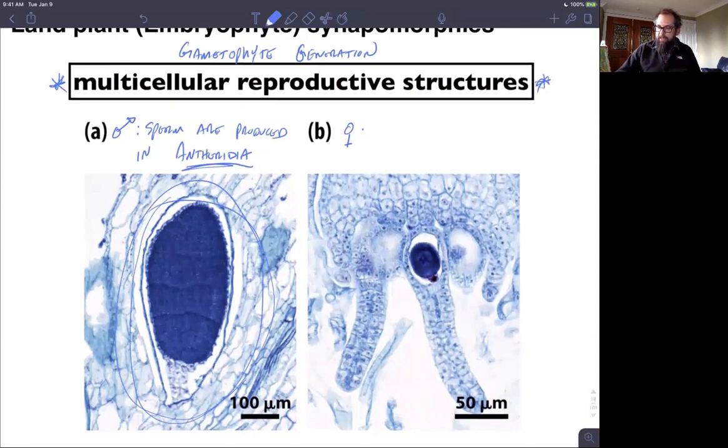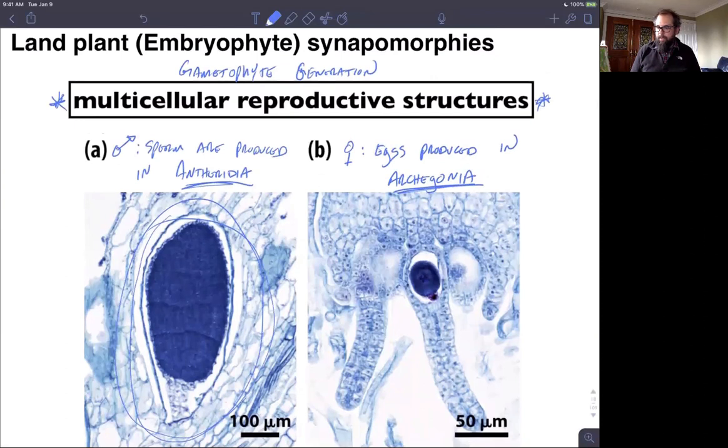On the female side, we have eggs produced inside of archegonia. Archegonia is our multicellular reproductive structure on the female side. What we see here is an egg cell that's produced within this individual archegonium.